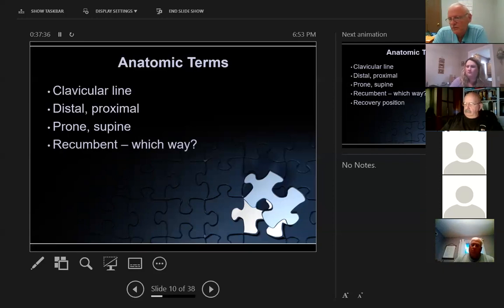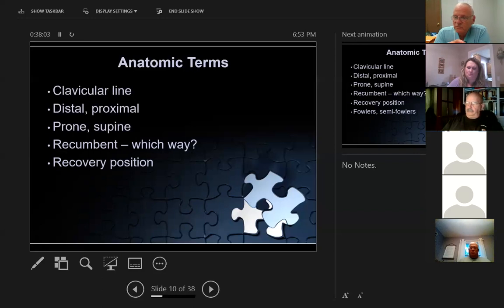But recumbent isn't enough, is it? It needs to be either left or right. Are they laying on their left side or their right side? A variation of left, left laterally recumbent, is something we call the recovery position. Just simply finding somebody laying on their left side, they're left laterally recumbent or left recumbent.